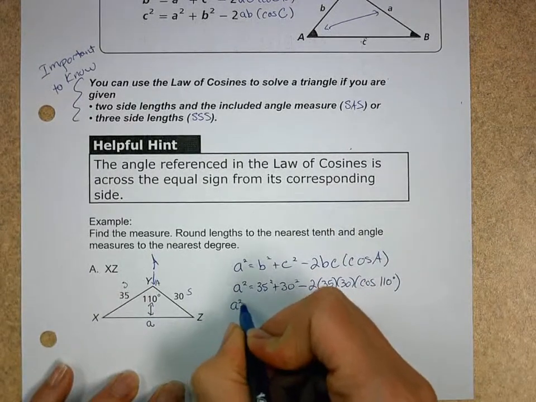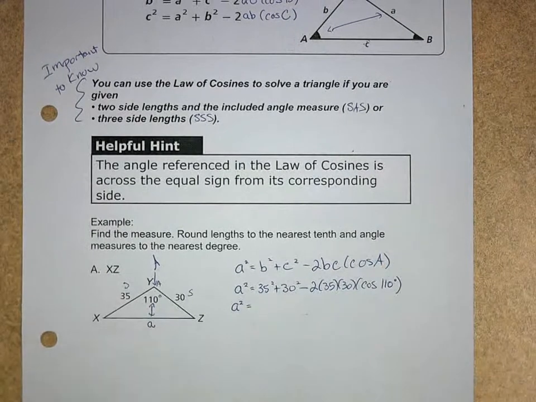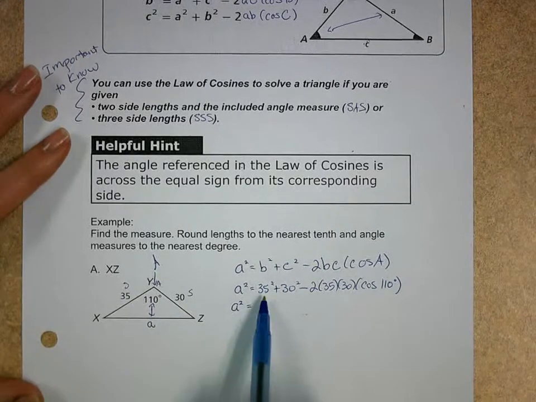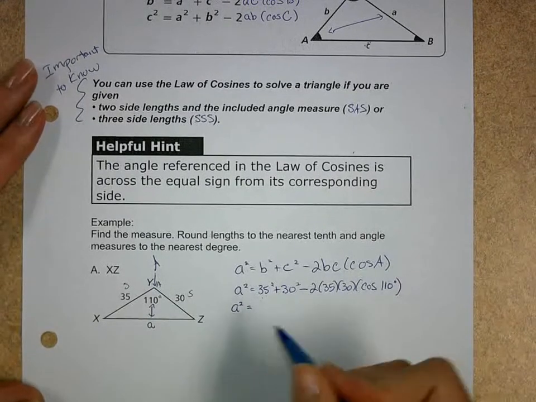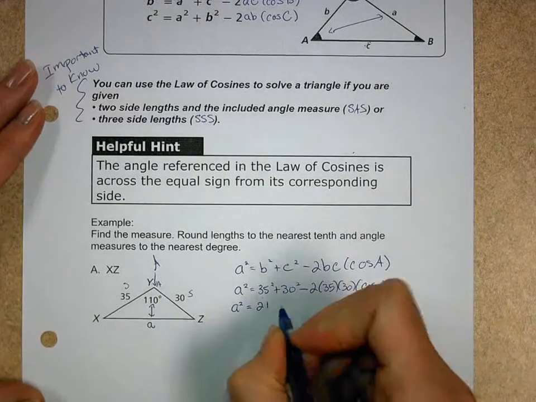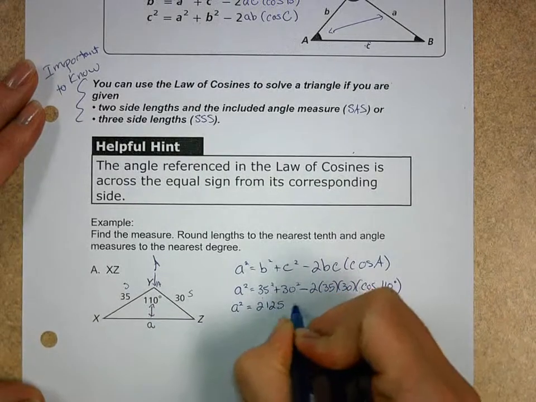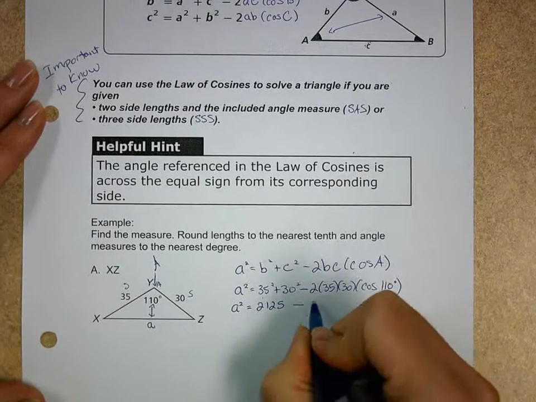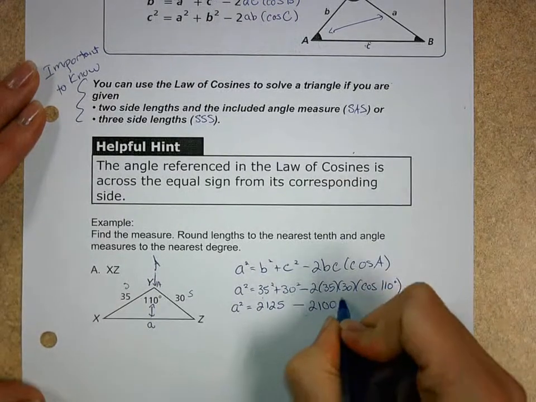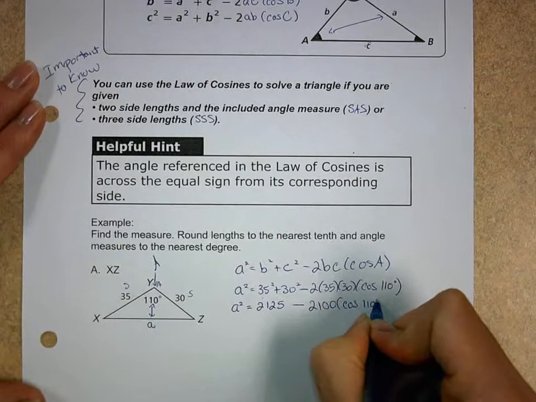The one thing I want you to get in the habit of is to simplify before you put a lot into your calculator all at once, because when it's really large we can lose track of ourselves. Use your order of operations, square these, and add them together. So you should get 2,125 minus 2 times 35 times 30, which is 2,100, times the cosine of 110 degrees.